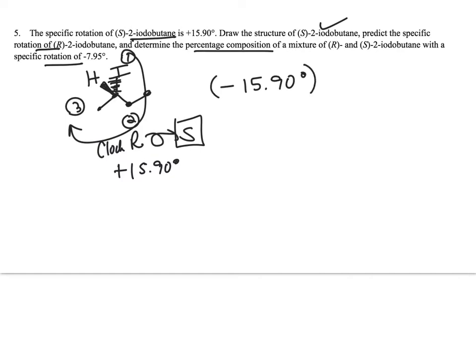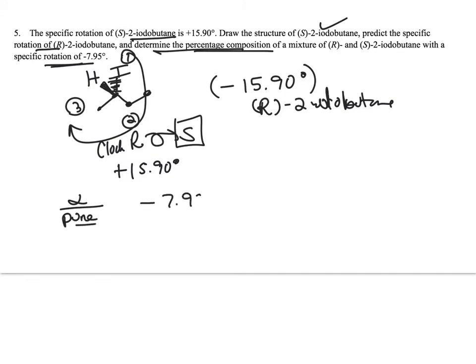So that would be a negative 15.9 degrees for the R 2-iodobutane. Now I want to determine the percentage of composition with a specific rotation of negative 7.95. So remember, you put the observed over the pure. So here we have negative 7.95 degrees over the pure, negative 15.9 degrees.